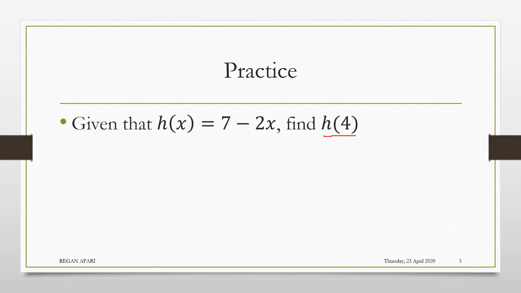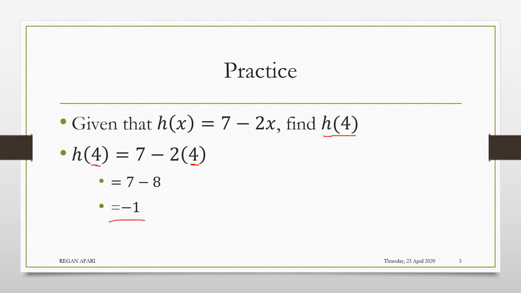Let's check the answer. For h(4), our input is now 4. We put 4 in place of x, and 2 times 4 gives you 8. So we have 7 minus 8, giving us -1. I hope you got -1 as your answer.